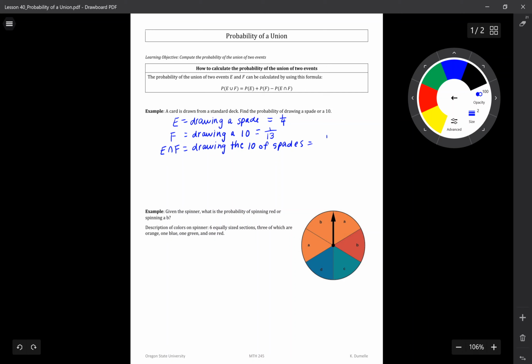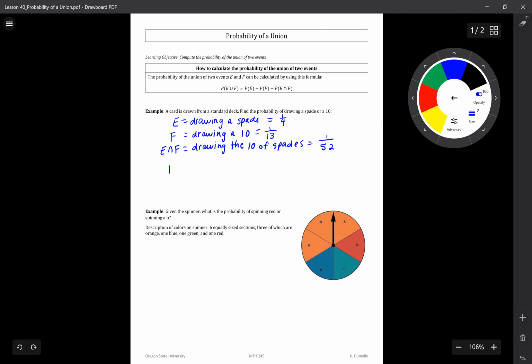Well, there's only one of them, and I have 52 cards, so it's 1/52. So if I were to have just added this 1/4 and this 1/13, that would have counted the 10 of spades twice. It would have counted once in E and once in F. That's why I have to subtract off their intersection. That way it only gets counted once.